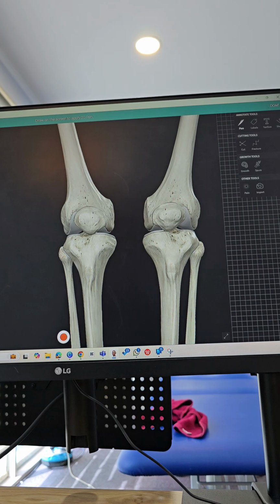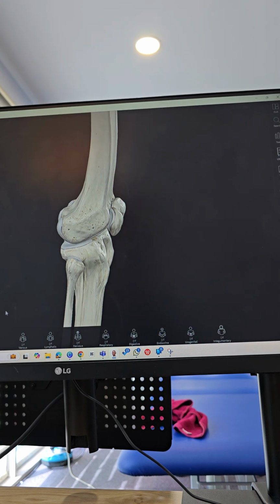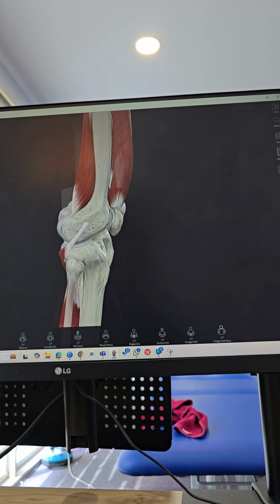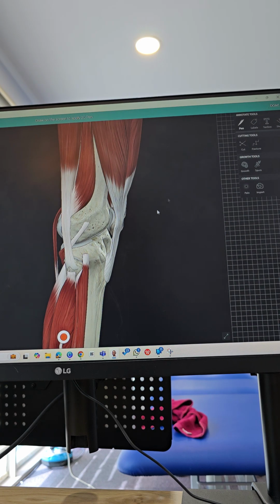So the kneecap is a sesamoid bone. Sesamoid bones are designed for mechanical advantage. So without the kneecap, it will run straight like this. And then for it to straighten out, there is an area of inefficiency. So when there's a sesamoid bone available here, it serves as a pulley.